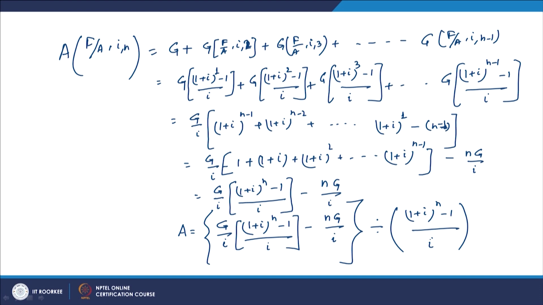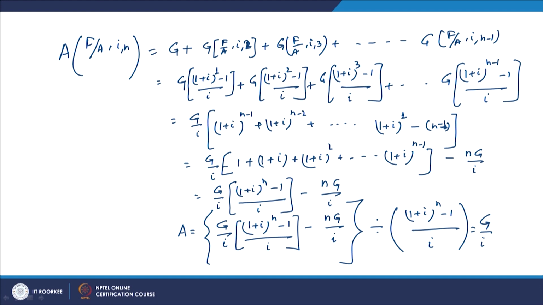What you see is that G by I will be the first term, and then you will have n G by I times I upon (1+I) raised to the power n minus 1.